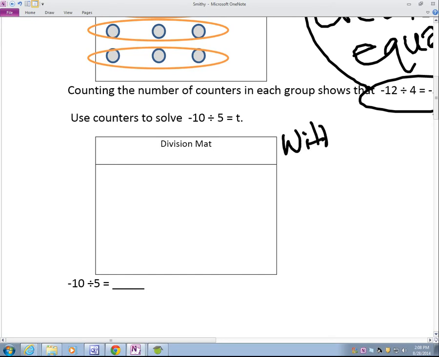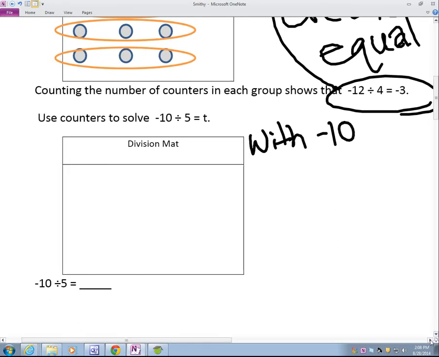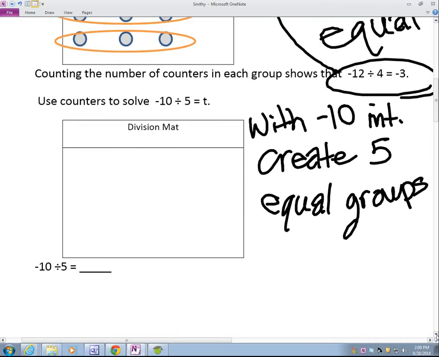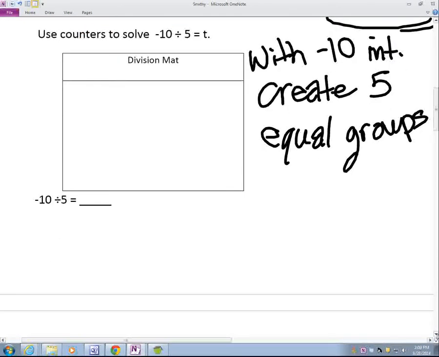Good. With negative 10 integers, create 5 equal groups.